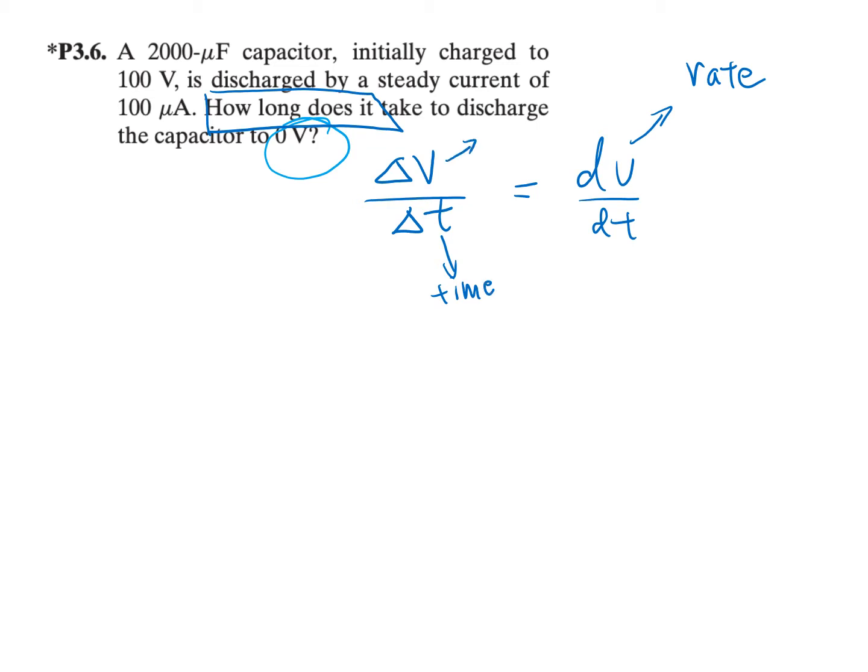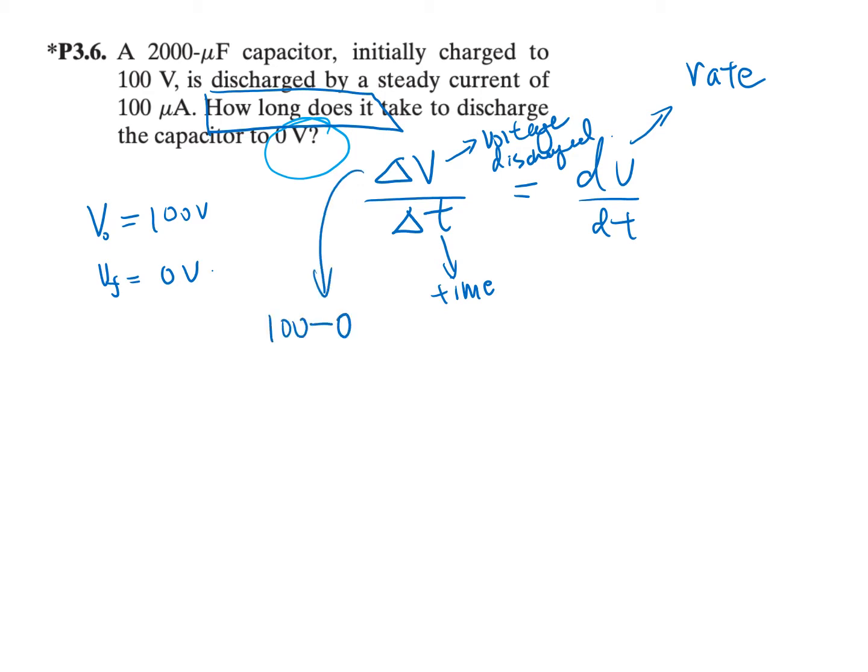Delta V is the voltage discharged. Well, so we have the voltage initially is 100 volts, but now the voltage is 0 volts. So we know that delta V is 100 minus 0, and the time is what we want to find out.